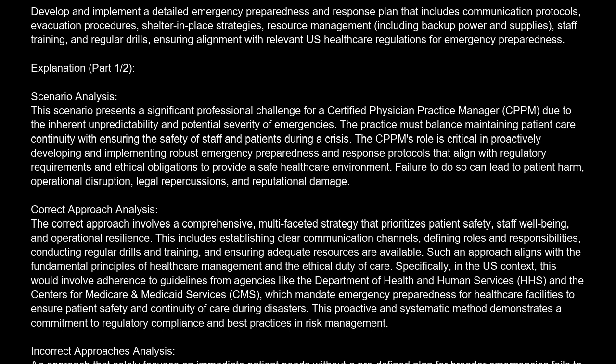Specifically, in the U.S. context, this would involve adherence to guidelines from agencies like the Department of Health and Human Services, HHS, and the Centers for Medicare and Medicaid Services, CMS, which mandate emergency preparedness for healthcare facilities to ensure patient safety and continuity of care during disasters. This proactive and systematic method demonstrates a commitment to regulatory compliance and best practices in risk management.